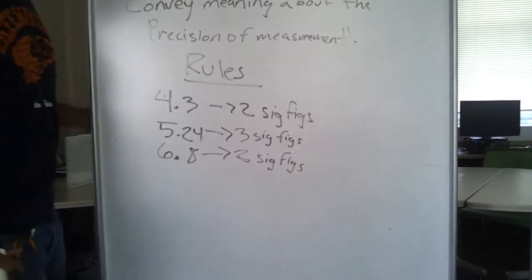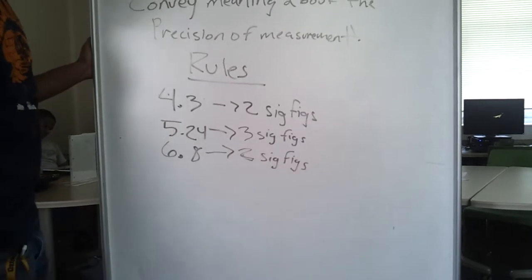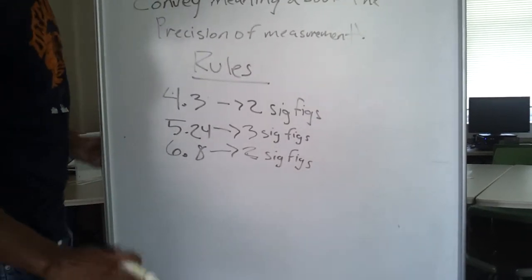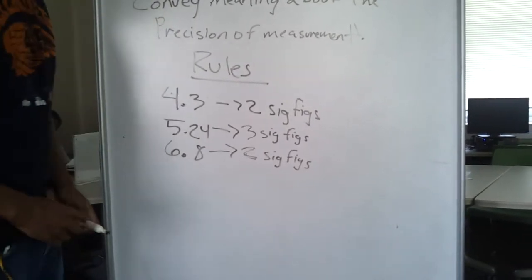Now, next, zeros can count as sig figs if they're in between two non-zero numbers.